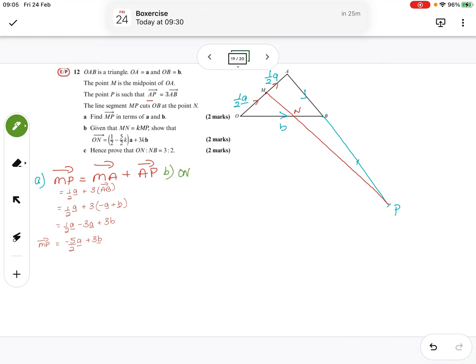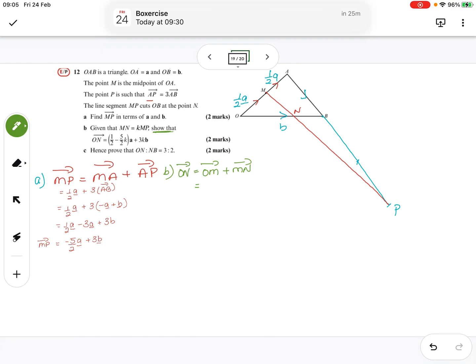So we want ON. How do you want to get there? Well, I would do OM plus MN, because they've mentioned MN previously. This has all got k's in it, and it's to show that, so we've got to get there.